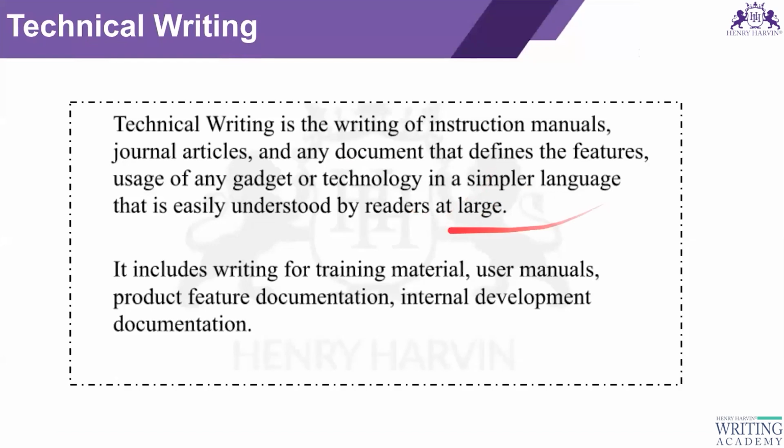Okay, so it is written in a simpler language that is easily understood by readers at large. Simpler language means that the person using the gadget, or even a toy for that matter, is not expected to be an expert. An even better example is a Kinder Joy toy.